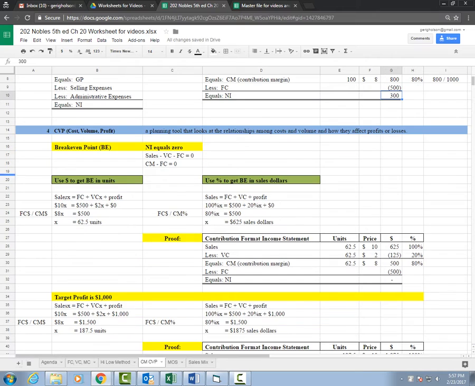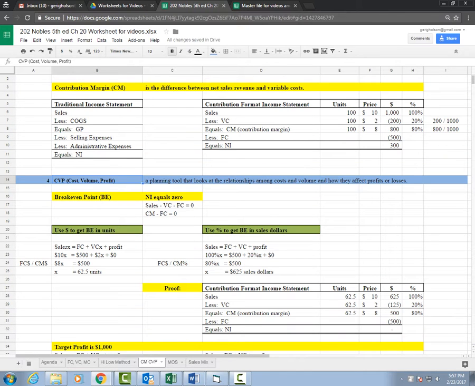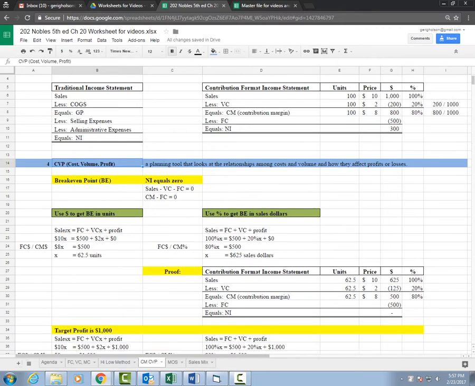So the overall concept is called cost volume profit, which is a planning tool that looks at the relationships among the cost and the volume and how they affect profits and losses. So what we're going to be doing is we're going to be changing pieces of the income statement and see what it does to the profit.